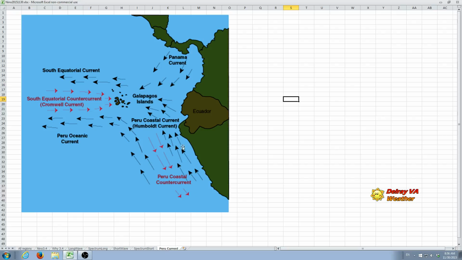The Peru current is a cold current that comes up along the southern west coast of South America, and actually turns to go towards the equator around Ecuador, flows across the Galapagos Islands, and then heads out to the Central Pacific and the Western Pacific.